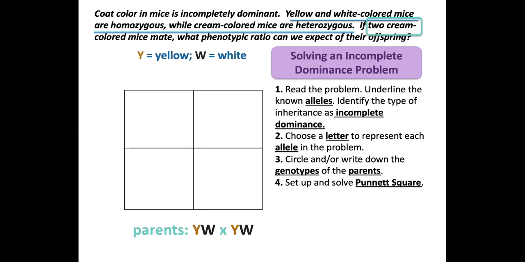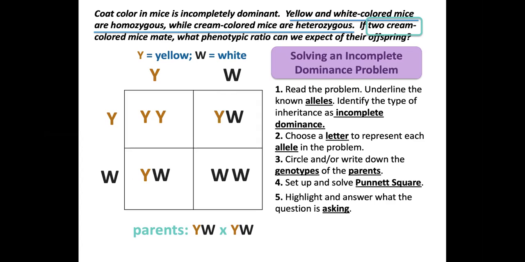Now, we have to set up and solve the Punnett square. So what are we gonna put up top? A Y and a W. Okay, a Y and a W. And then we fill in the Punnett square. So what's gonna go in the first box? Perfect. Okay, so YW, YW, WW.